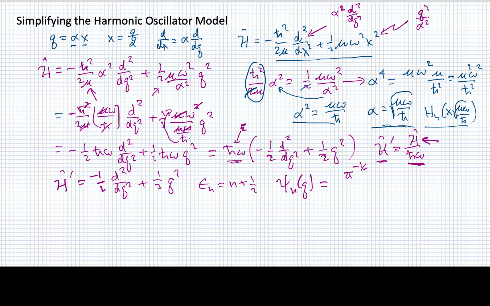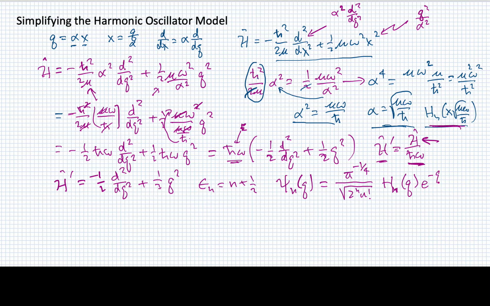I'll have pi to the minus a fourth over the square root of 2 to the n factorial. So the normalization factor keeps all of that. I'll now have my Hermite polynomials, but they already have the weighting embedded in the coordinate, so I no longer have that added to it as I did in my earlier expression up here.